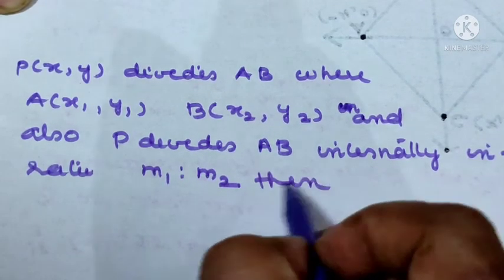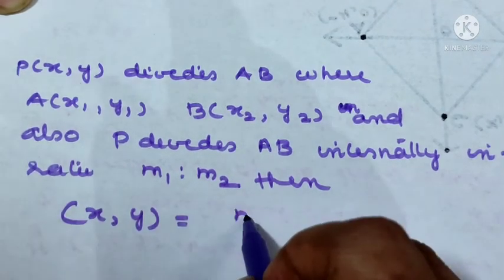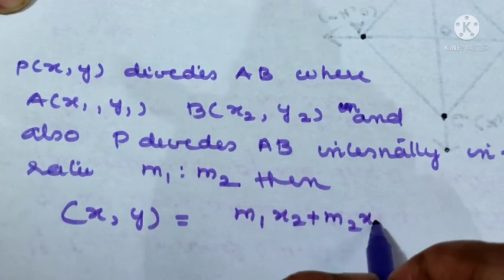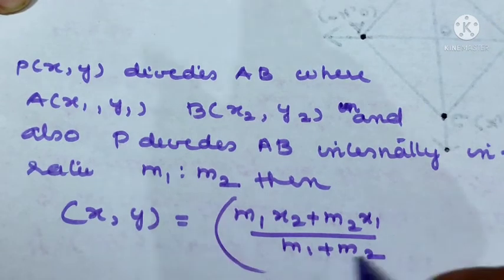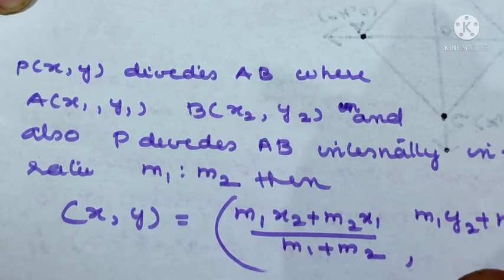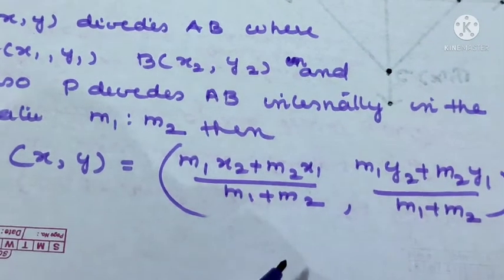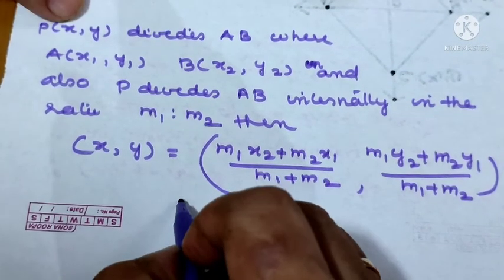Then (x, y) equal to (m1x2 plus m2x1) by (m1 plus m2), (m1y2 plus m2y1) by (m1 plus m2). It's a coordinate, and this is known as the section formula.